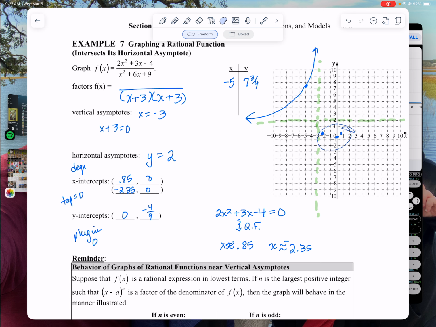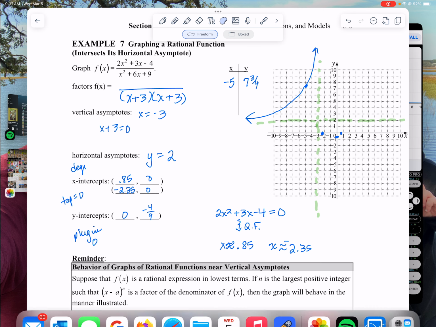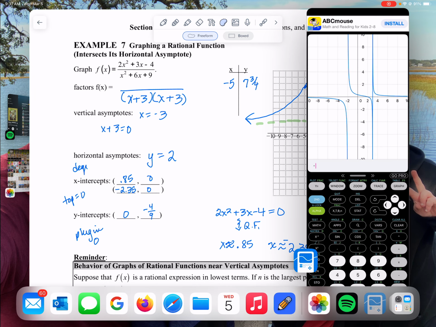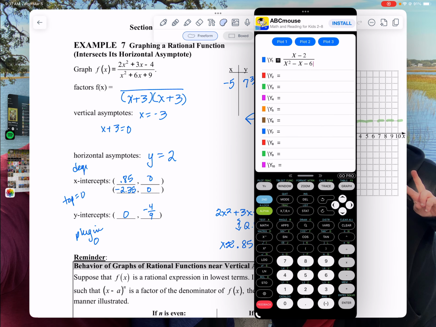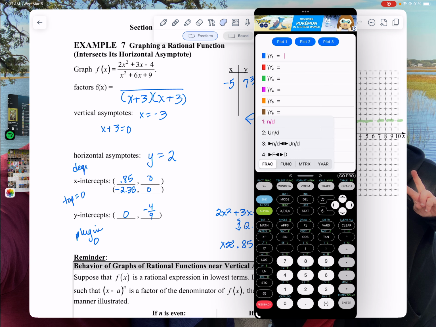Thank your other math teachers for letting you do this. So I'm going to clear this out. Let's put in the other one. I'm going to use my alpha y equals to get a fraction. If you don't have that function, remember you need to put a parentheses first, and then 2x squared plus 3x minus 4.